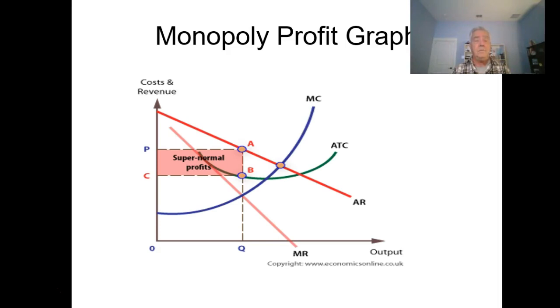That's his average total cost. And so his monopolistic profit, which is above what normal profit would be, if you look at, for instance, the intersection of marginal revenue and marginal cost, you see how far above that curve he is. Normal profit might be the point B on that quantity, but he's able to get more profit for the same amount of quantity because his average revenue is higher and he can sell at that price. He's not selling at C, he's selling at P. So the monopolistic profit is the difference between those two. In this chart, it's been labeled supernormal profit.